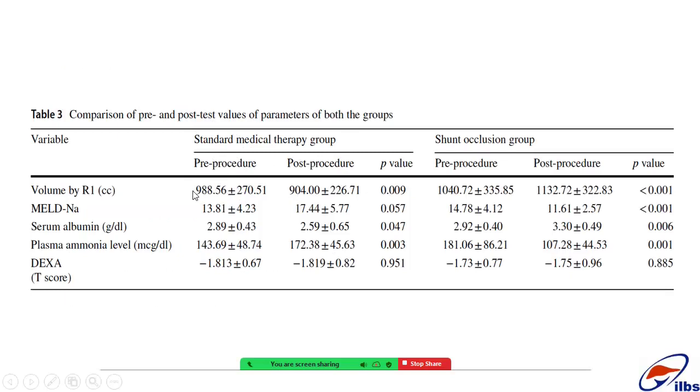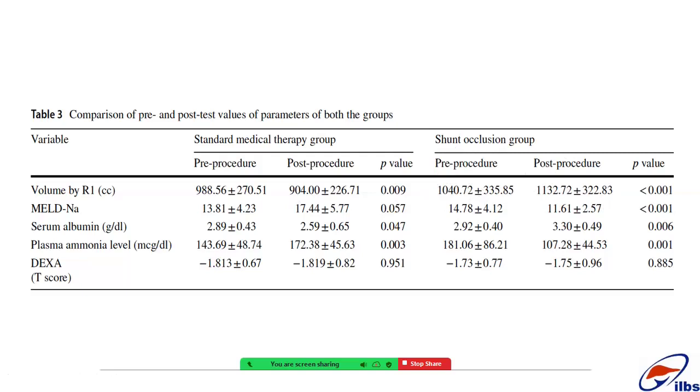In our patient, the pre-procedure volume was 988 cc, which came down to 904 cc. So almost 84 gram loss was there in 1 year follow-up. Simultaneously, in the shunt occlusion group, the pre-procedure volume was 1040 grams, which became 1132 grams. So if you occlude the shunt, there is an increase in volume. But if the patient is left for standard medical care, the volume will go down.